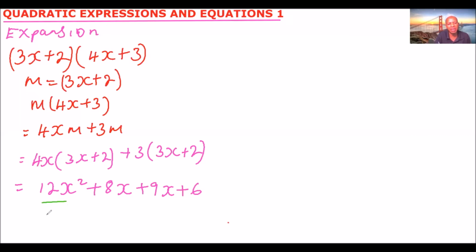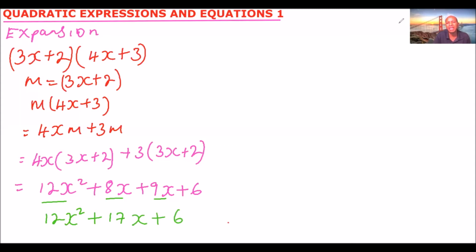So we'll start with 12x squared. We don't have any other term that has x squared. We have 8x and 9x, so we can combine that. They are like terms, so that will give us 17x plus 6. So that is the expansion.